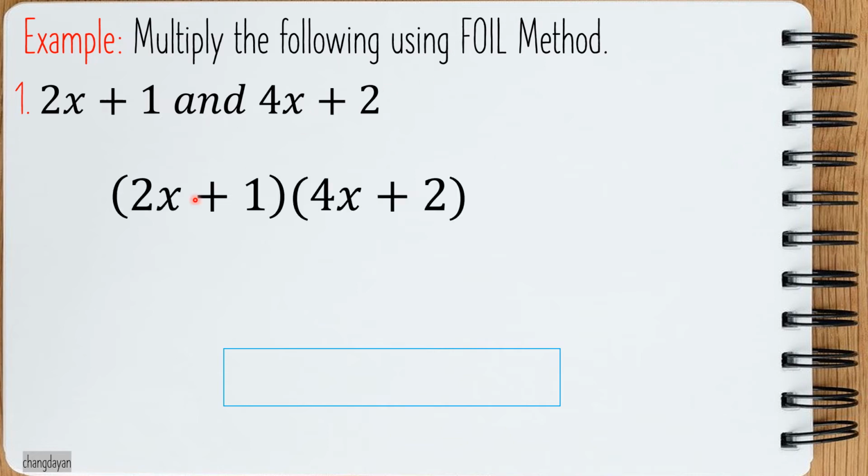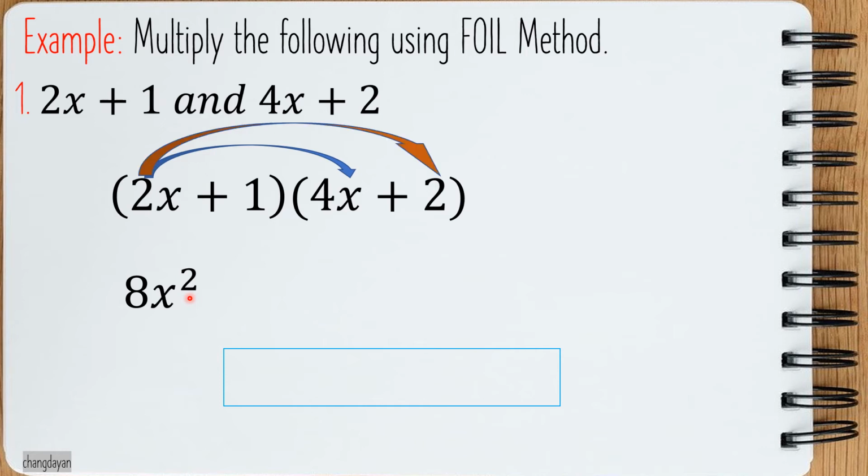So, anong gagawin? I-multiply ang first term. That is 2x times 4x. And the product is 8x squared. Now, we'll have the O or the outer terms. So, you have 2x times 2. And our product here is positive 4x.